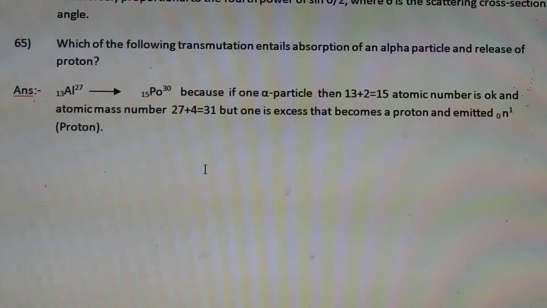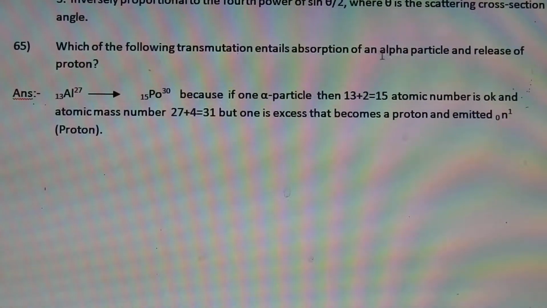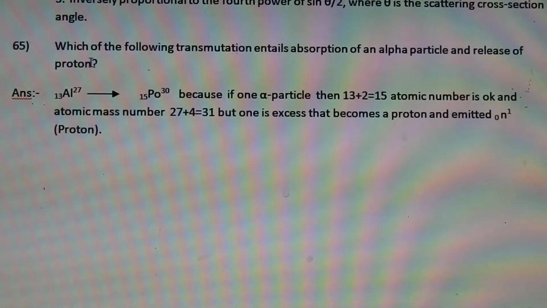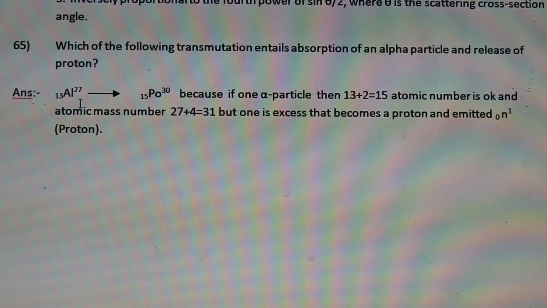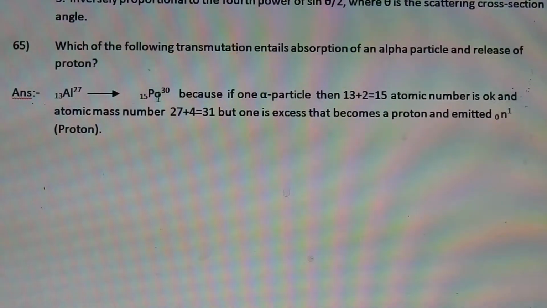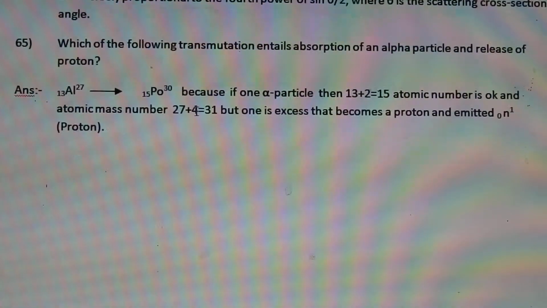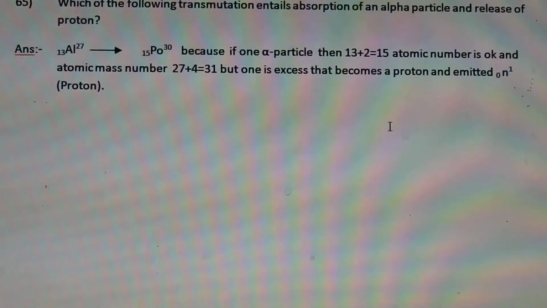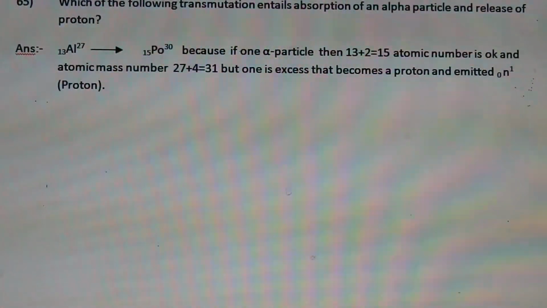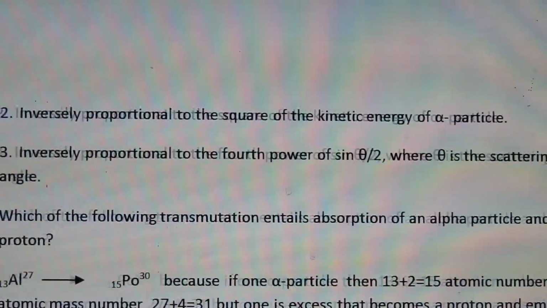Next, which of the following transmutations involves absorption of an alpha particle and release of a photon? So many transitions are there. In that, I am taking aluminum 13, 27 and phosphorus 15, 30. Here an alpha particle is there.